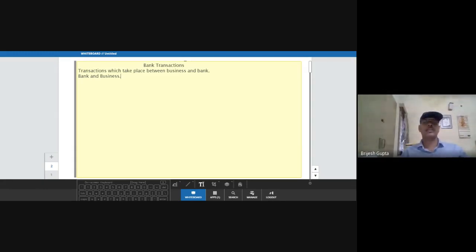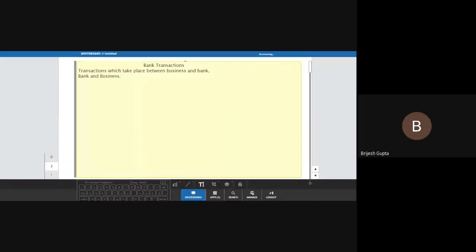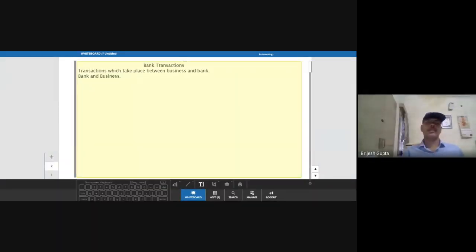Normal transactions between business and bank include payment by check, receiving payment by check. Then sometimes we make expenses paid by bank.